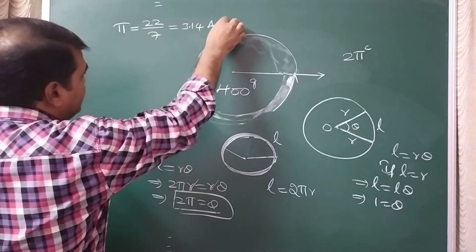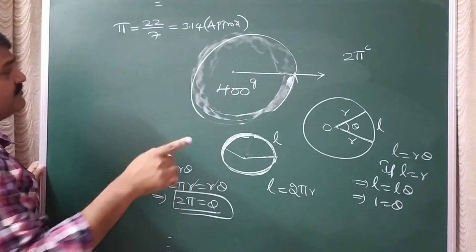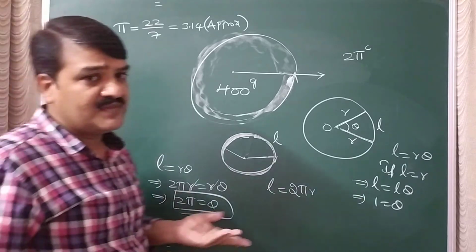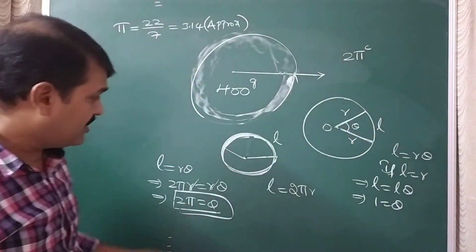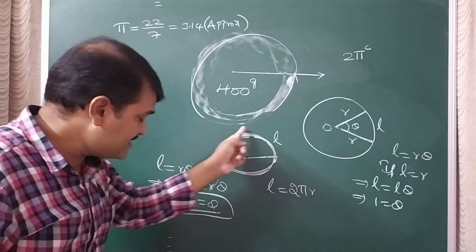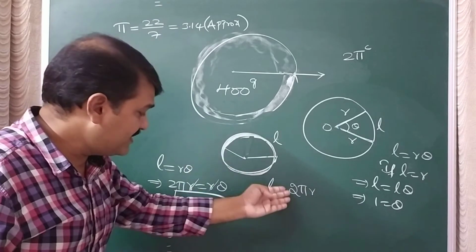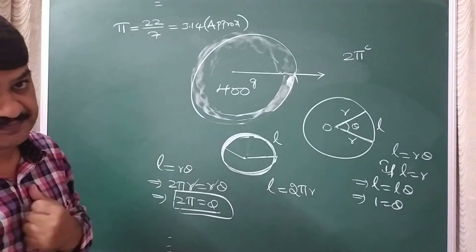In radian measure, why are we using pi? Because we are taking the circumference as the length, no? For one complete cycle, the circumference is 2 pi r. Therefore, a pi term is involved here.